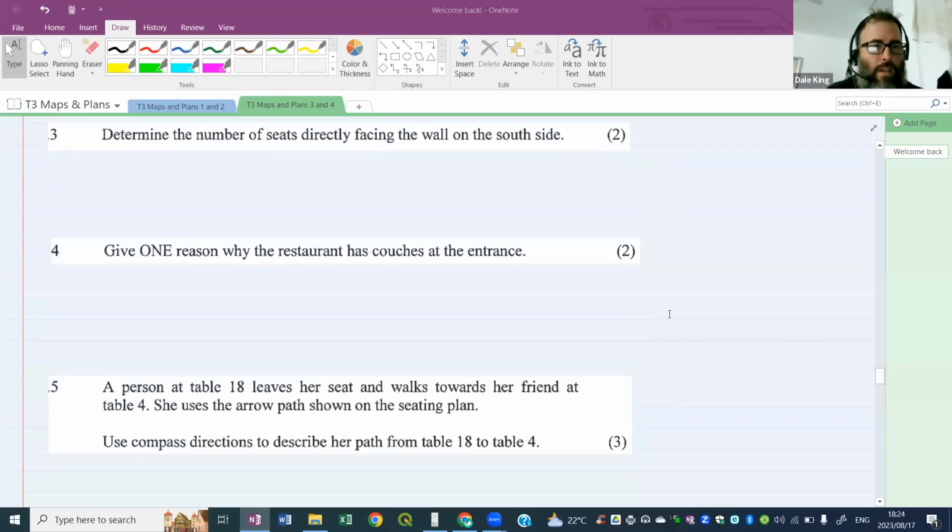Let's see. More marks. A person at table 18 leaves her seat and walks toward her friend at table 4. She uses the arrow path shown in the seating plan. Use compass directions to describe. You see that word? Describe. So you've got to write sentences to describe her path from table 18 to table 4.